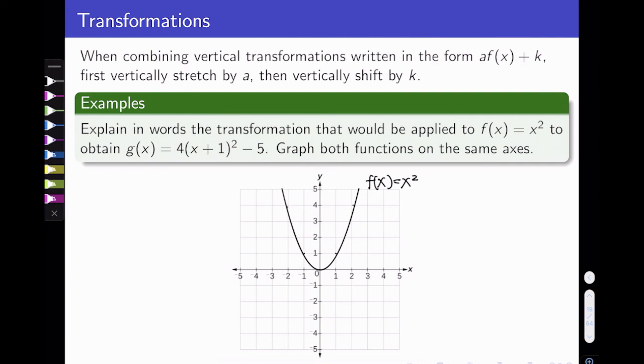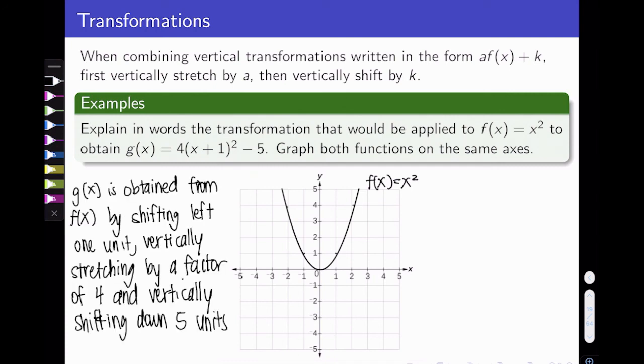Then we'll vertically stretch by 4, and that is because we are larger than 1. And then we'll shift down 5 units. And so the vertical stretch by 4 has to come before the shift down 5 units by our order of operations that we talked about at the beginning of this page. So in words, we will shift f of x to the left 1 unit, vertically stretch by a factor of 4, and then shift down 5 units.